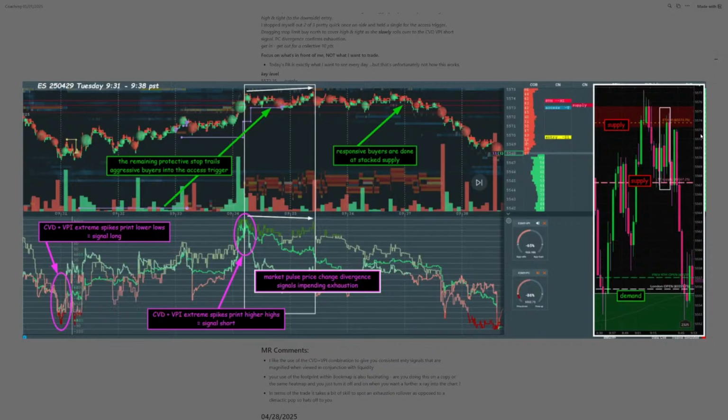Got you. And in this case, it worked out well. You see aggressive buyers come in, push price up. If you look at the footprint chart, you could actually see an area I mapped out prior. It's that little red rectangle.